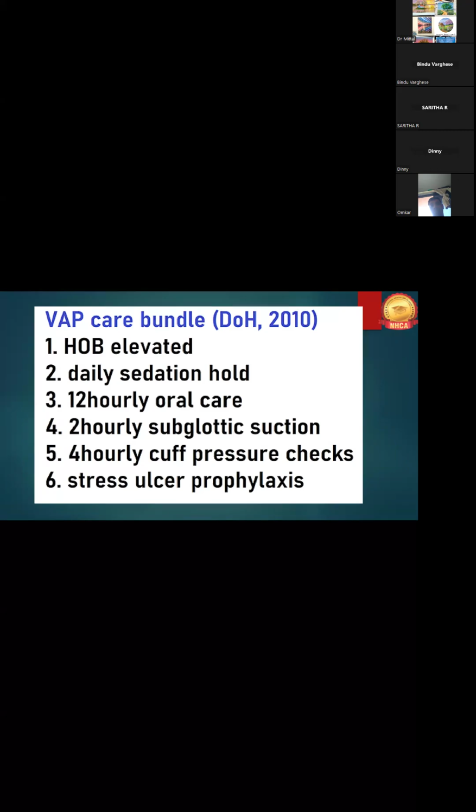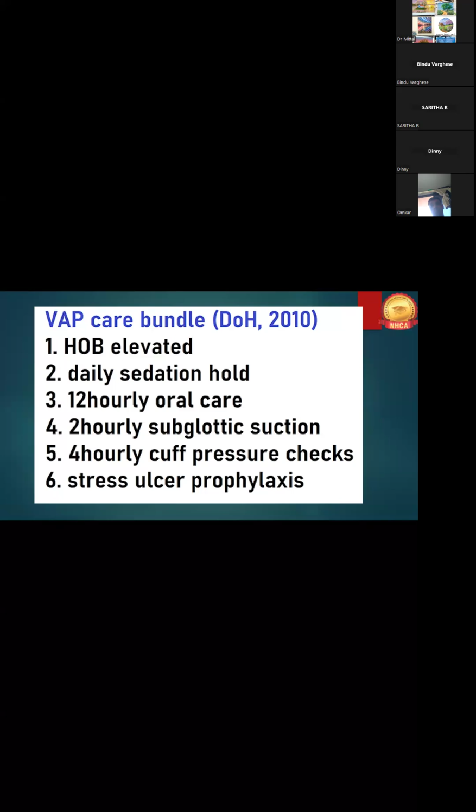So switch off the sedation that's going on for the patient and check his response, for a few hours. Check whether there's a ventilatory fight, whether the patient is able to tolerate well, look at the respiratory rate, heart rate, and then accordingly you can wean the patient off the ventilator.